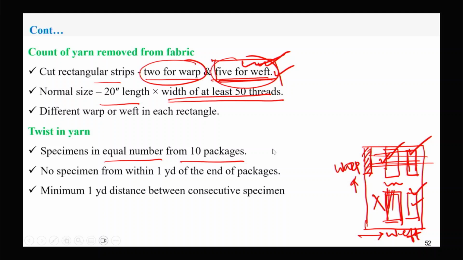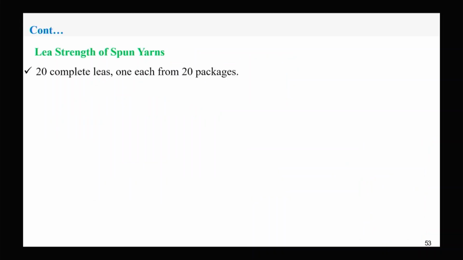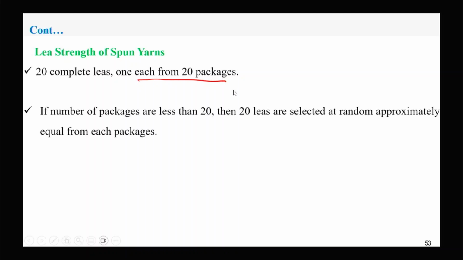Minimum 1 yard distance between 2 consecutive specimens should be there. And for lea strength of spun yarn, 20 complete leas you have to take, each from 20 packages. If the number of packages is less than 20, then 20 leas are selected equally from each package. So 20 leas you have to take. Okay.